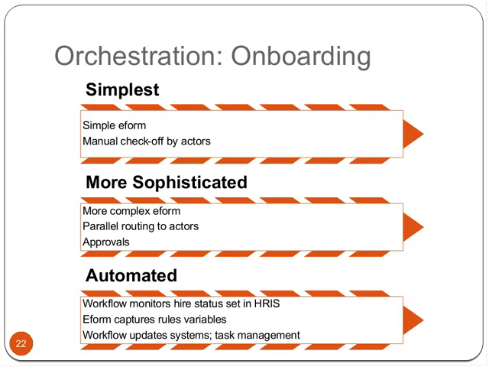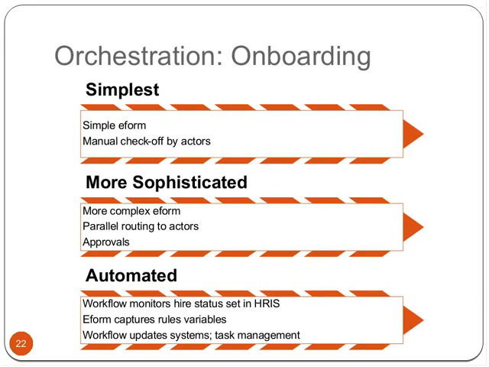And the eForm can capture variables like, what's the start date, what's the department, what role are they in, and then it can go off and automatically update systems like Dynamics or LDAP or trigger the keycard security system and that type of thing. So again, you can start very simple, which I recommend, and then as you go along, you keep adding more and more functionality. And I just kind of like the onboarding because it's such a common application across every single organization.